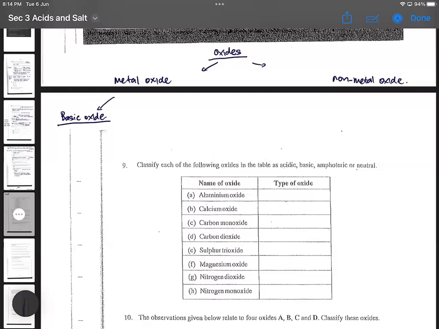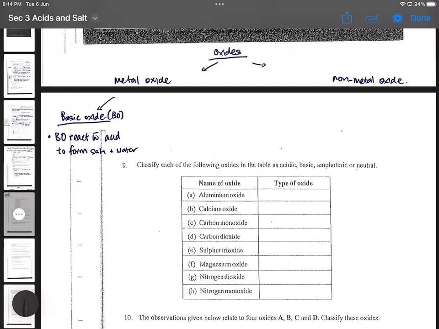In this case, generally, this basic oxide, I'll put as BO, will react with acid to form your usual salt plus water.